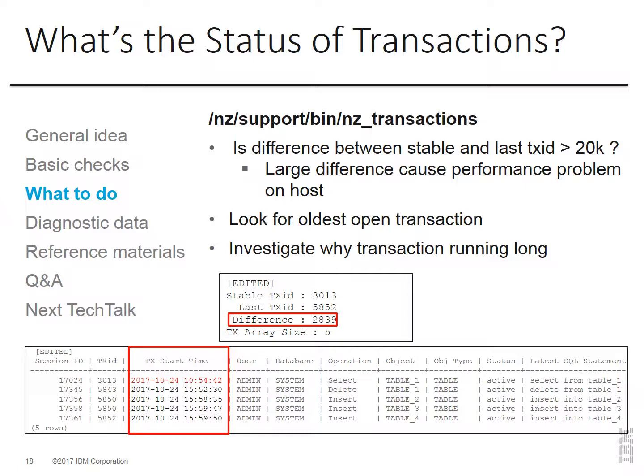And at times, you might have an open transaction for days that can cause performance problems. Use the nz_transaction command to find out the difference between the stable and the last transaction. Typically, if the difference is higher than 20,000, you can run into a performance issue. Look for the old transaction and investigate why it's running for so long.